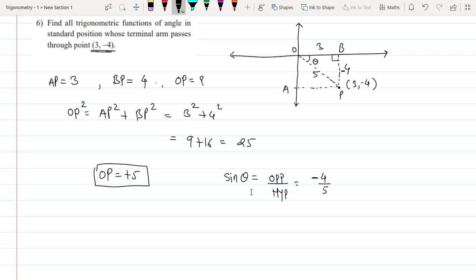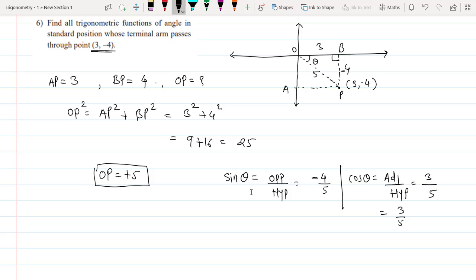What about cos theta then? Cos theta is the adjacent divided by hypotenuse. Who is adjacent to this theta? 3. And the hypotenuse is 5. So it's 3 by 5. Whether it is positive or negative?